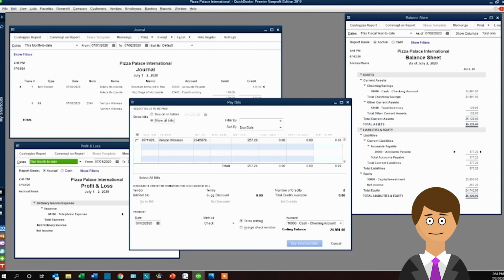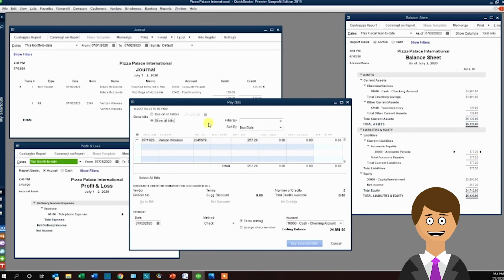Well, that's because Mike's Mozzarella hasn't actually sent us an invoice yet. So until we receive an invoice, we're not going to put it into our system, but it's important for good accounting practices that we recognize in our accounts payable the fact that we did receive that mozzarella cheese and we will eventually owe that money.